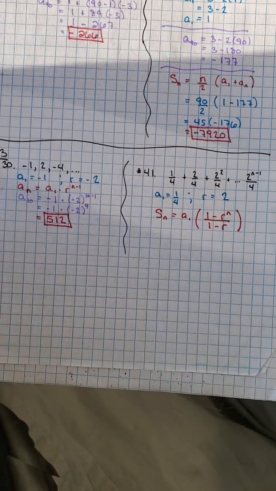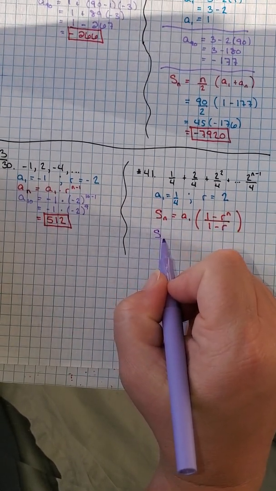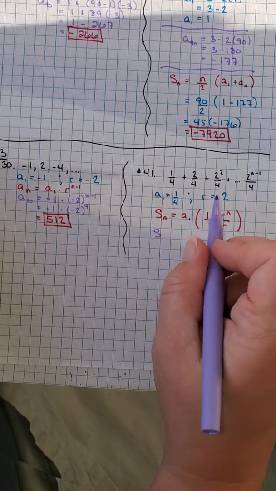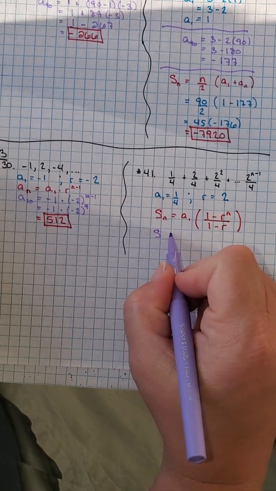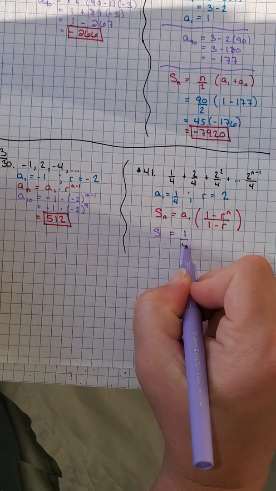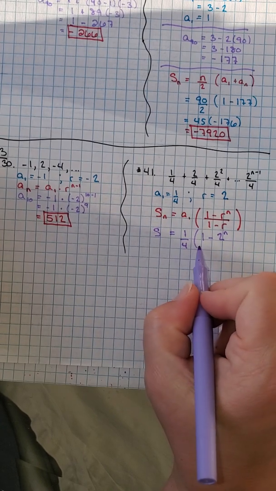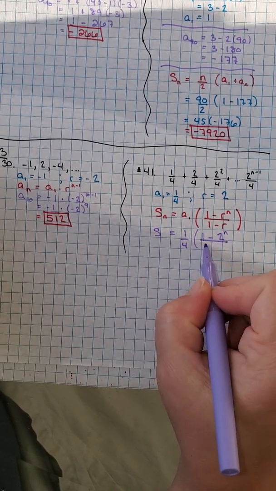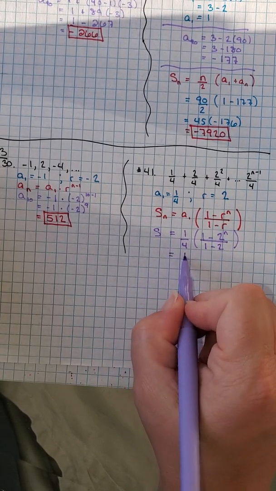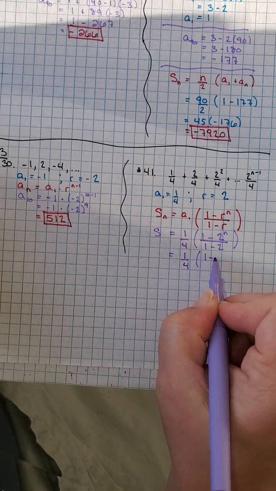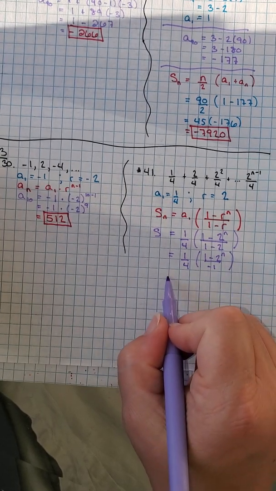So filling in what we know, we're finding the sum of the first n terms, which is going to equal our a sub 1, which is 1/4, times 1 minus 2 to the n over 1 minus our r, which is 2. So 1/4 times 1 minus 2 to the n over negative 1. I'll basically just change that to a negative.